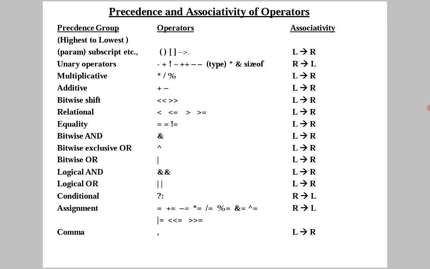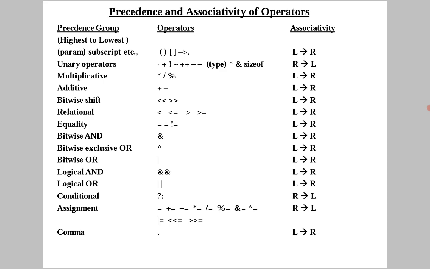So relational operators are used to compare two or more expressions, constants or variables, or a combination of them, by using relational operators called less than or equals to, greater than or equals to, equals to, not equals to.